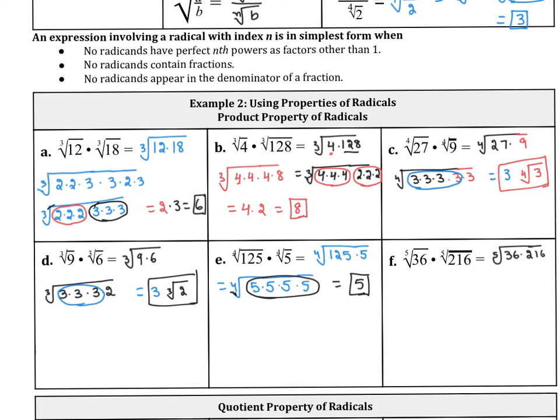For letter F, you're going to combine 36 times 216. Just remember, there is a 5 as the index, so it means you need a group of 5 of the same number to get out of the radical symbol. You know that 36 is 6 times 6, and 216 is 6 times 6 times 6.